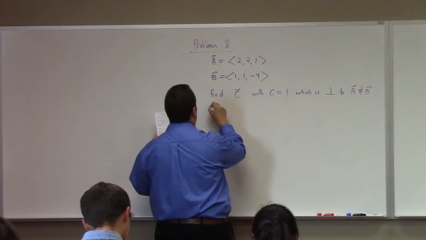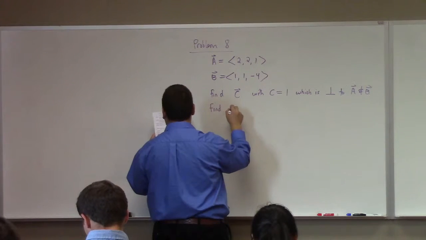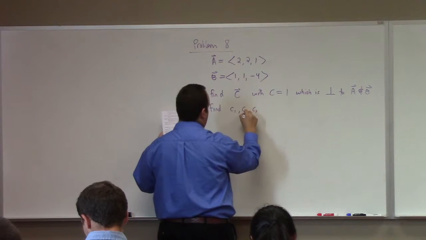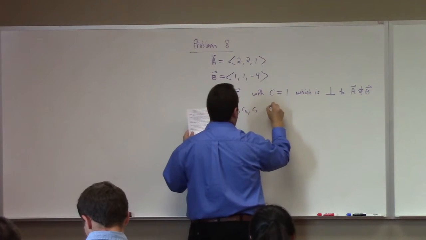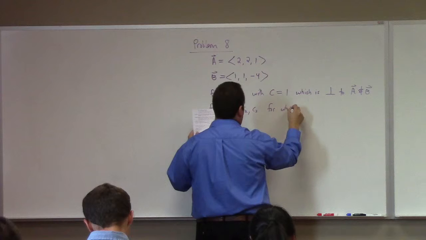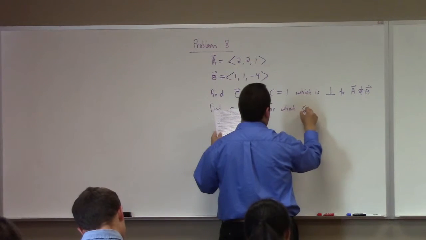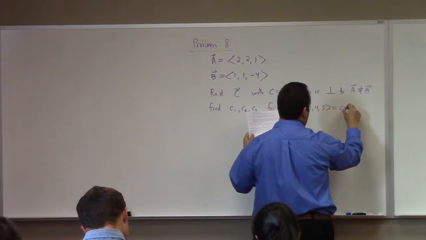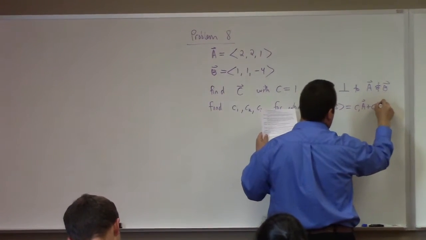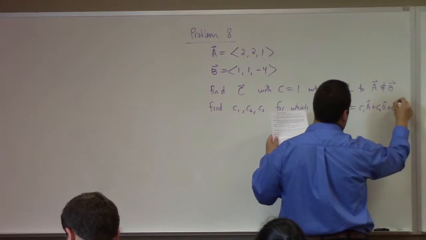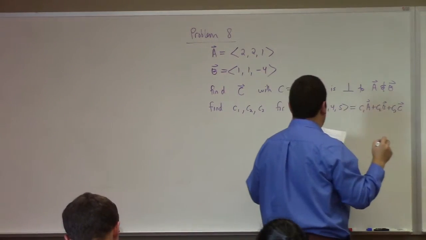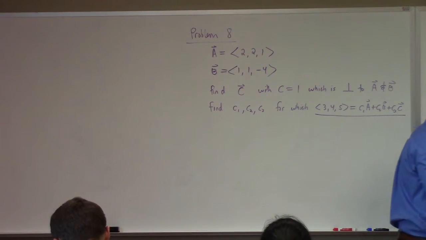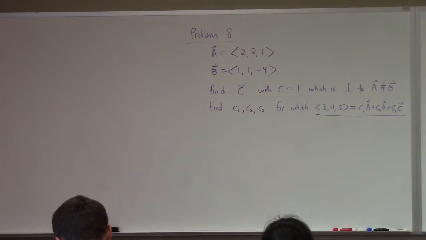And you're fine with that part, right? And then you're supposed to find C1, C2, C3, for which 3, 4, 5 is equal to C1 A plus C2 B plus C3 C. Now, I will admit that the grader has a little bit of work to do here because there are two possible answers.